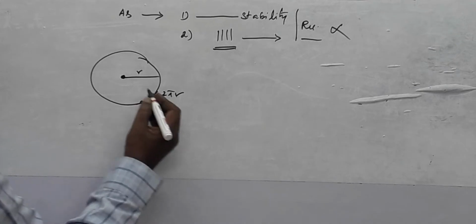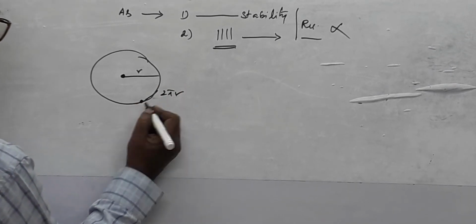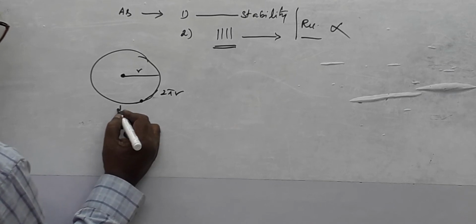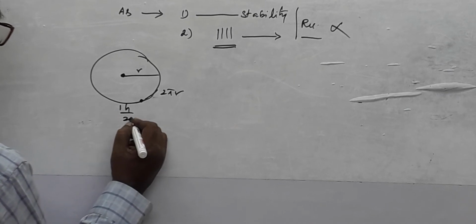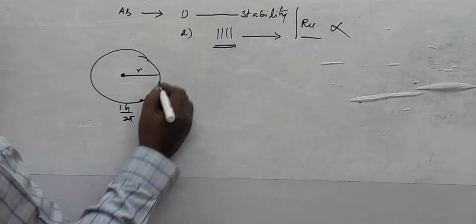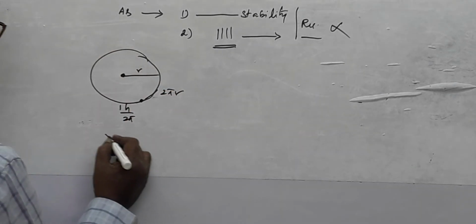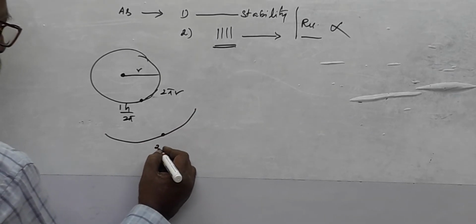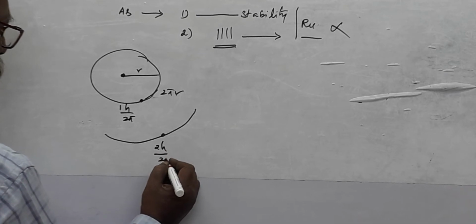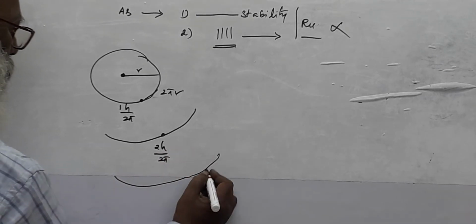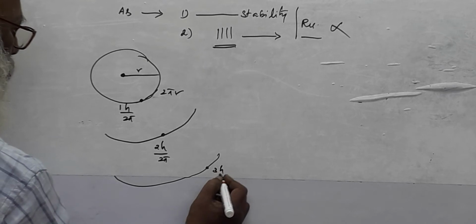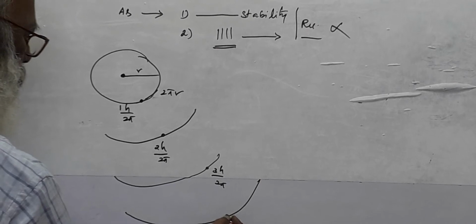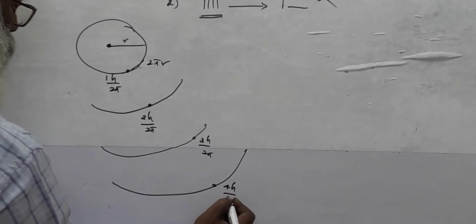If you consider orbit 1, that is 1 h by 2 pi, then the electron is revolving in the first orbit. If the electron is revolving in the second orbit, that is 2 h by 2 pi. When the electron is revolving in the third orbit, 3 h by 2 pi. When the electron is revolving in the fourth orbit, then 4 h by 2 pi.